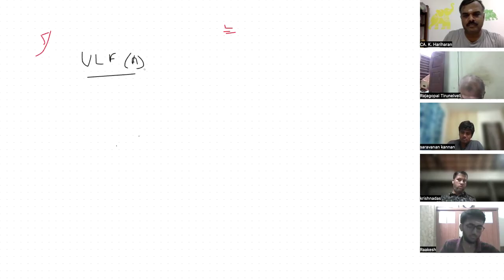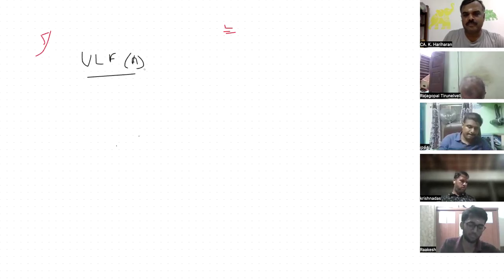With respect to the unlevered form, EBIT how much? 25 lakhs. Less interest, nil.